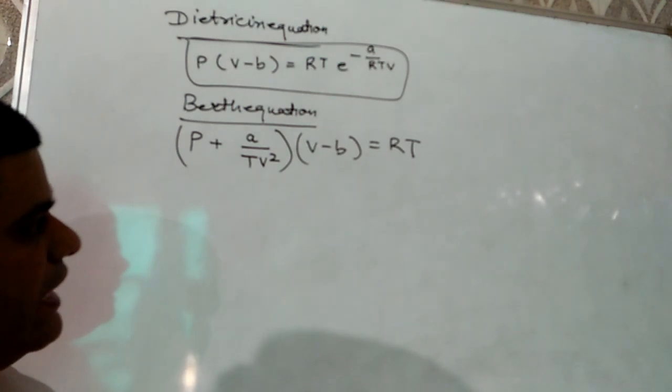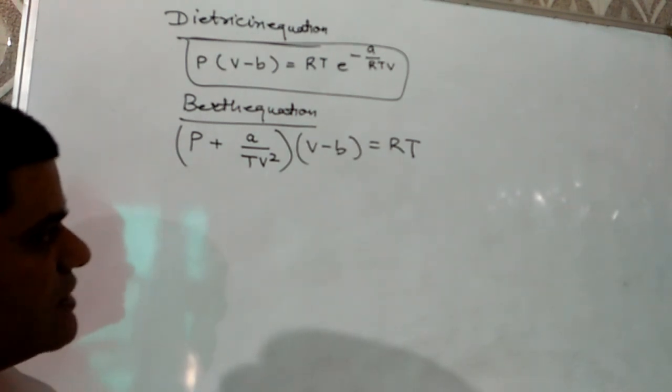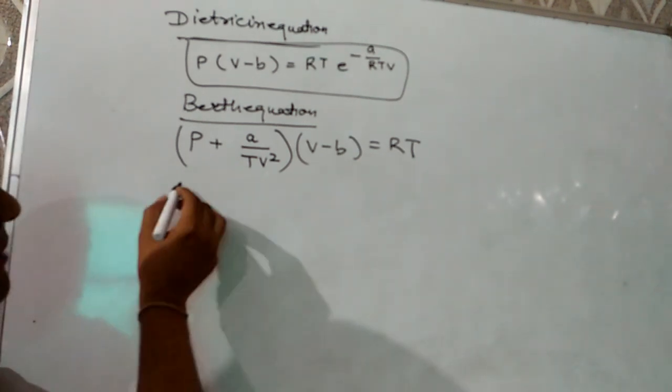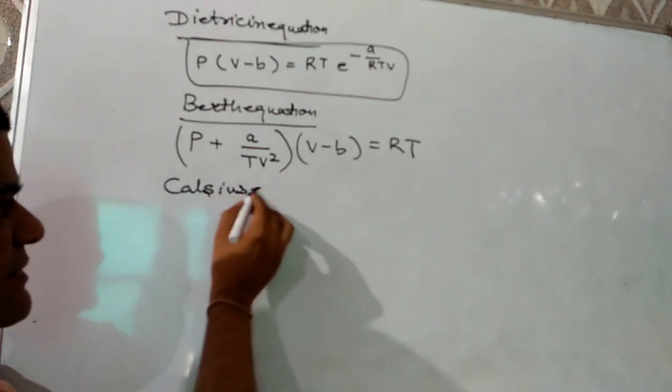Here P is pressure, V is volume, a and b are the Berthelot constants, T is temperature, and R is the universal gas constant.